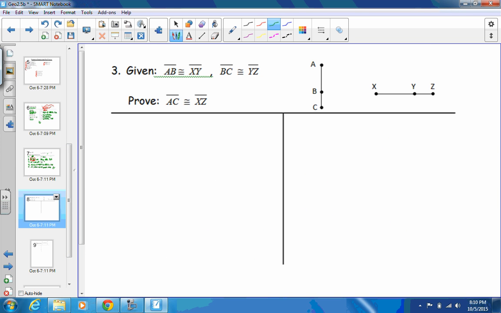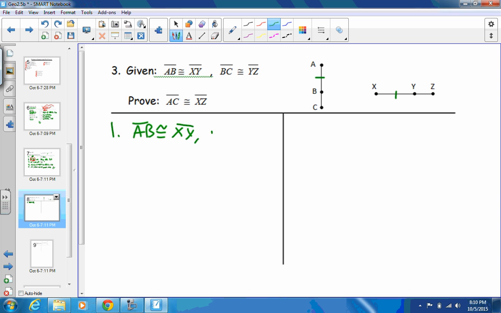Third proof then. All right, we've got two different segments. We've got segment AC and XZ here. And we're given a couple things. So our first step, we're given that segment AB is congruent to segment XY. So we can make a dash here because those are congruent.